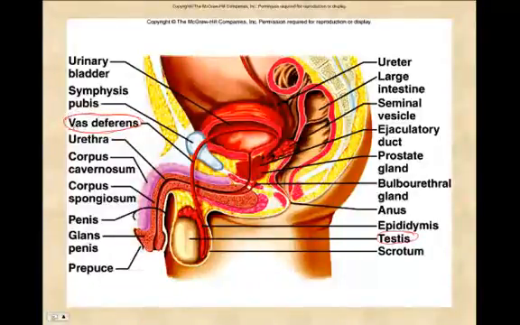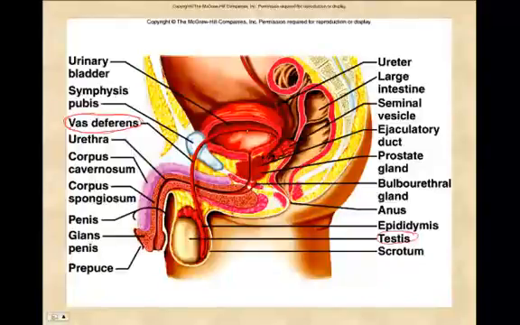Your book uses, I think, both vas deferens and ductus deferens, so both of those terms are the same thing. The vas deferens carries the sperm from the epididymis all the way up to the ejaculatory duct, which will eventually dump into the urethra. The urethra is the tube out.